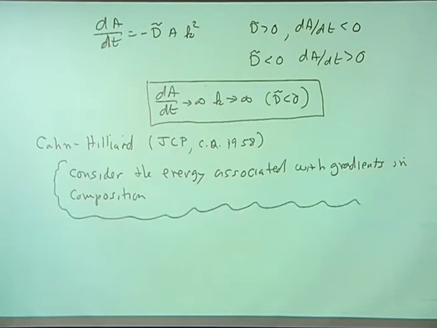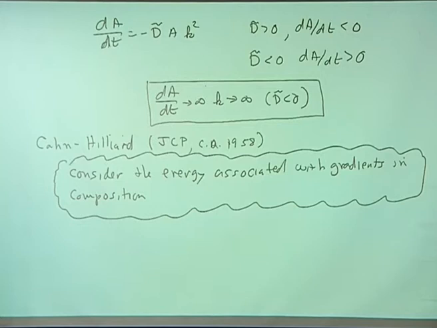This actually goes back to van der Waals, but they were kind of unaware of this when they wrote down their theory. Landau and Lifshitz had something very similar in the physics literature for superconductivity, but Cahn and Hilliard are the people that are credited for putting it into the context that we're talking about.